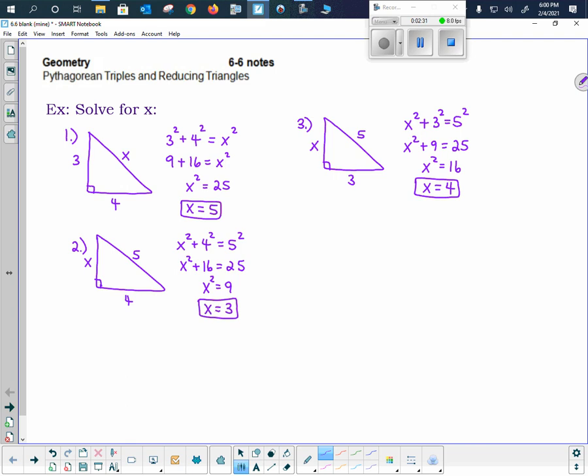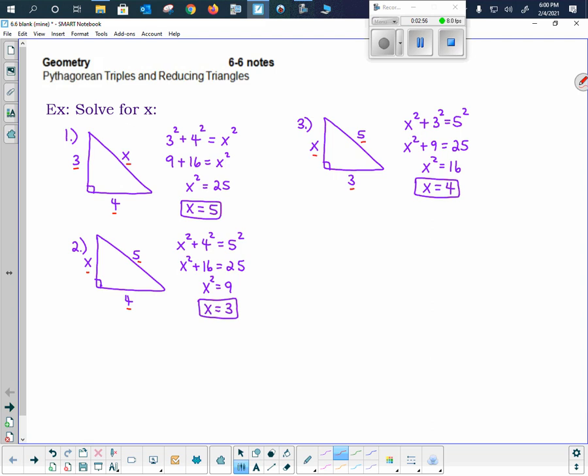Now, before we go on, notice, what did we just do in 1, 2, and 3? Actually look at the numbers, look at our lengths. So, for instance, we have 3 and 4, and our answer for x was 5. Here we had 4 and 5. Our answer for x was 3. Here we had 3 and 5.